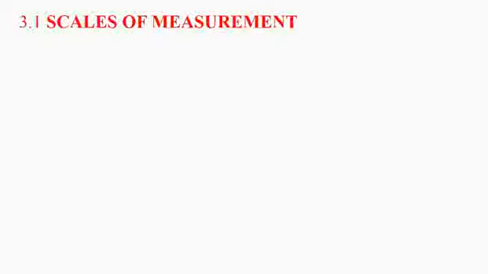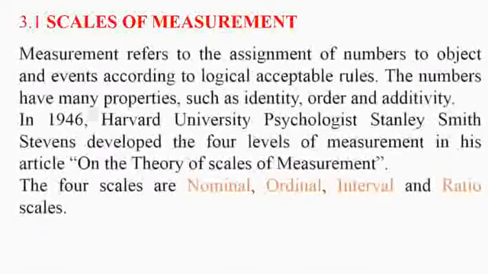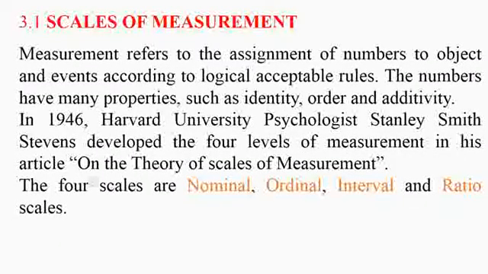We have scales of measurements. When we talk of measurements, we refer to the assignment of numbers to objects and events according to logically acceptable rules. The numbers have many properties such as identity, order, and additivity.